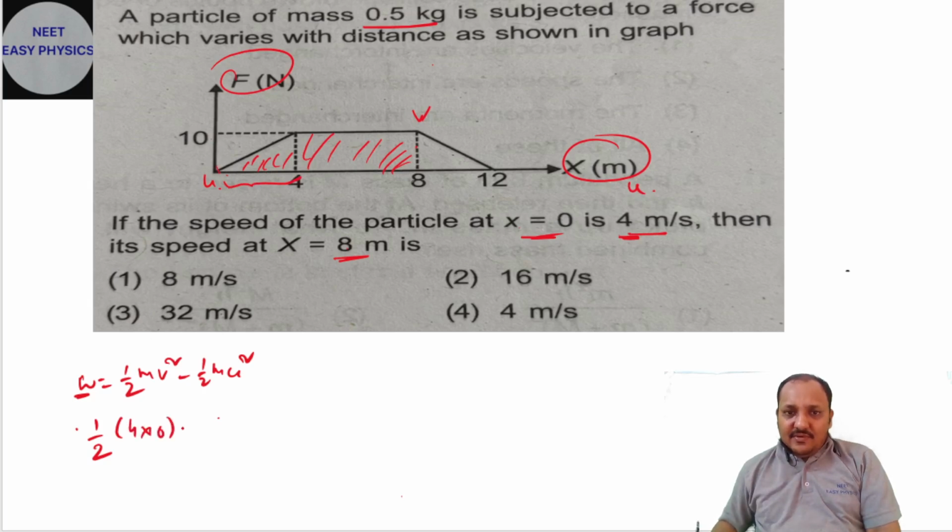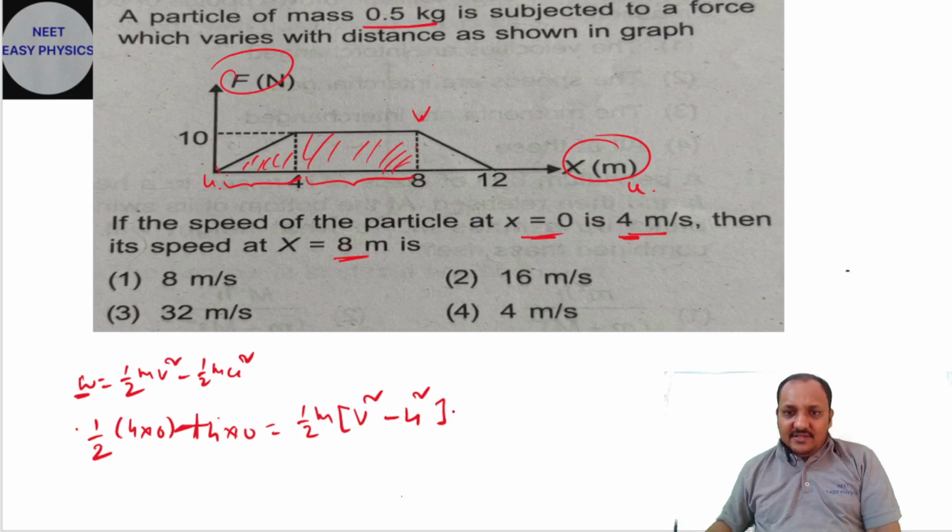So 4 into 10 plus, here, what is the area under this? 8 minus 4, 4, 4 into 10. This is the work done, equal to m by 2 into what is v, velocity at 8, square, minus what is u? Initial velocity they gave, 4 square. What is the mass value?